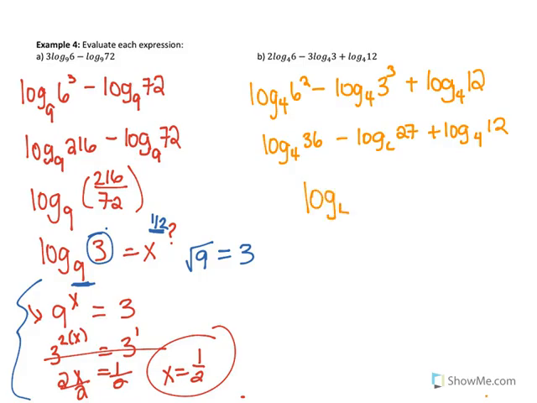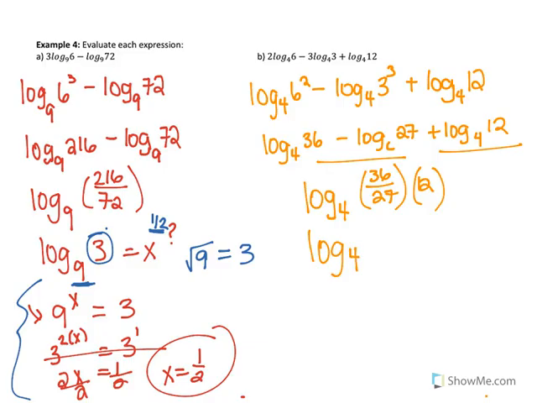So you have log base 4, and we're going to go 36 divided by 27 for this subtraction, and then we're going to multiply that by 12. So if I go 36 divided by 27 and multiply it by 12, I'm going to get 16, and I think to myself, 4 to the power of what equals 16? And the answer is 2. 4 squared is 16.